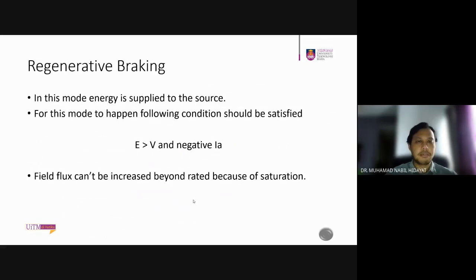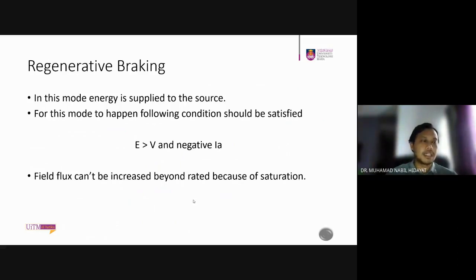For regenerative braking, in this mode the energy is supplied to the source, and this is the most common braking for electric drives. We harvest back the energy. Let's say you are driving a car.